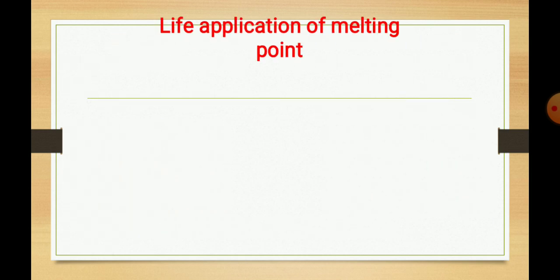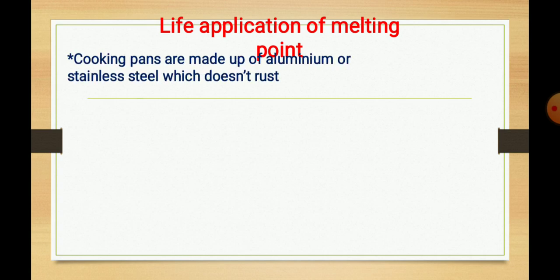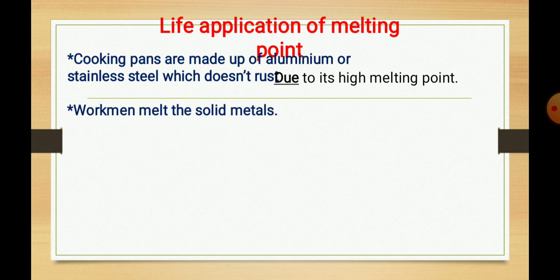So what about the life application of melting point? First, cooking pans or pots are made up of aluminum or stainless steel alloy which doesn't rust. Give reason: due to its high melting point. Number two, workmen melt solid materials.